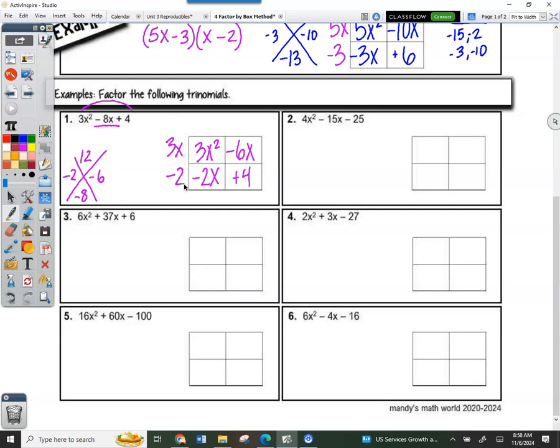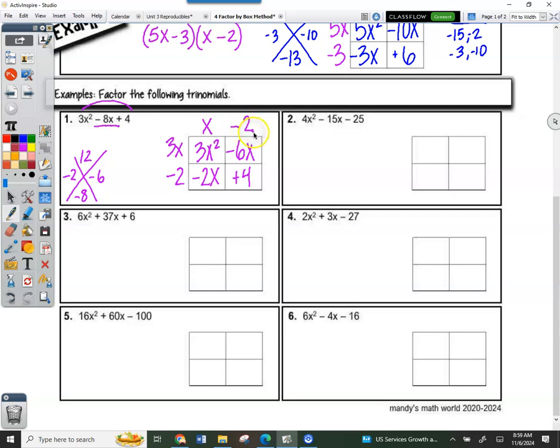Now, how do you get the top? You ask yourself what's left, or you can say to yourself, this 3x, the GCF, times what would give me what's in the cross section? So 3x times what gives me 3x squared? 1x. 3x times what gives me -6x? -2.